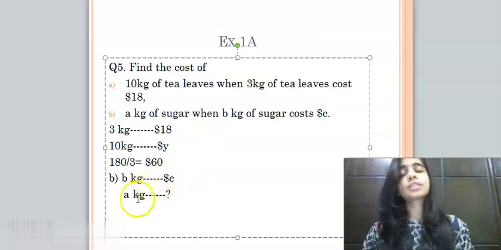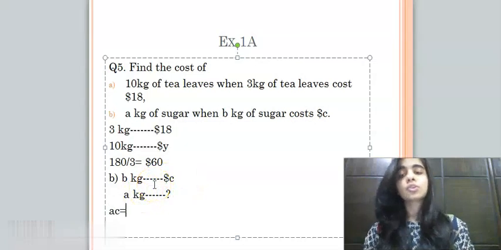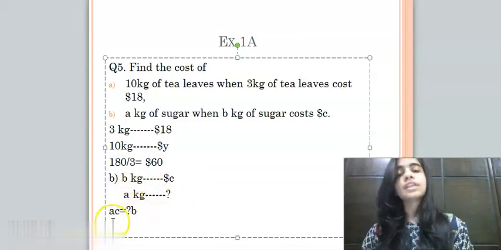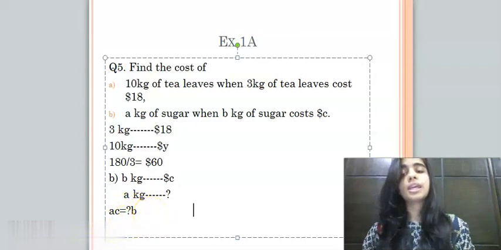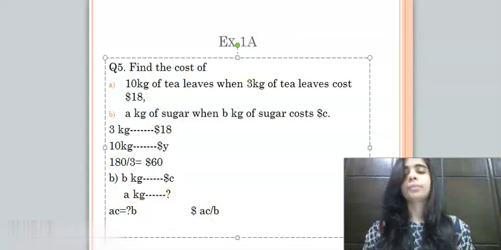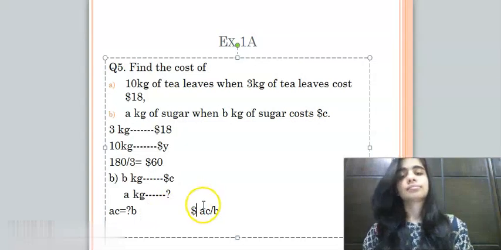So when I cross multiply, it will be AC is equal to question mark times B, and I need to find this question mark, so I will divide my whole equation by B. So my answer will be $AC divided by B. This is my answer. Alright, so it is very easy.